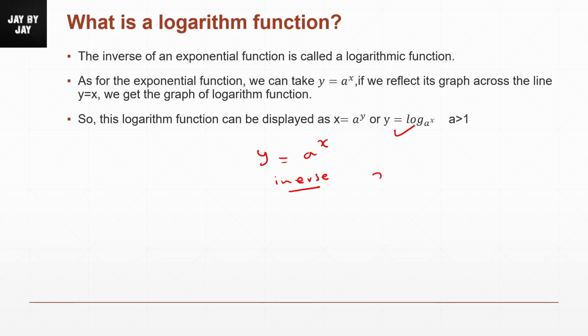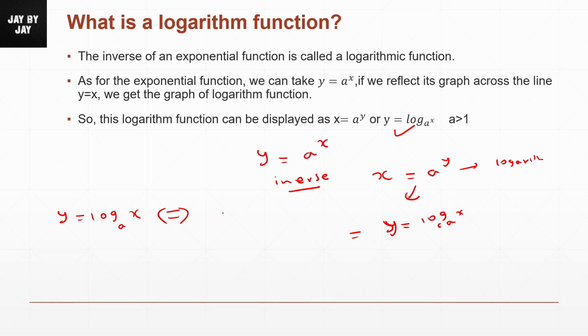So you can write it as x equals a to the y. This is called the logarithmic one, or you can write the same thing as y equals log base a of x.